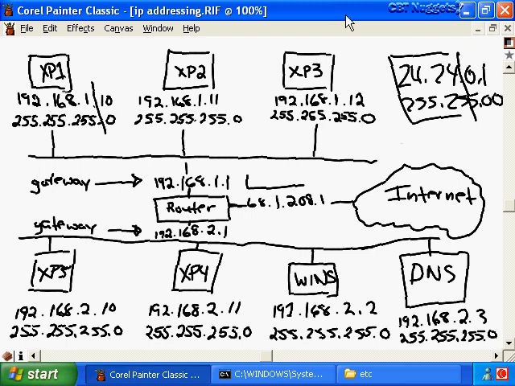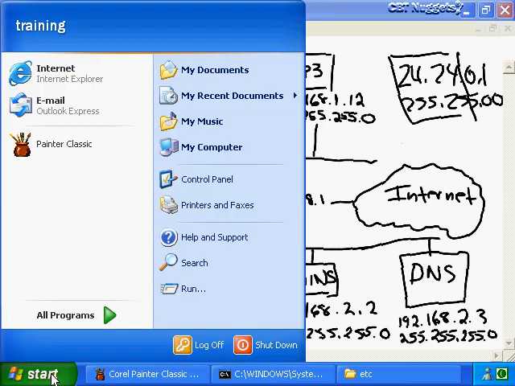Windows 2000 and Windows XP computers will only dynamically register their host names with DNS if two things are set up. Number one, DNS is configured to accept dynamic updates, and number two, Windows XP is configured to register its address dynamically. Let me show you how you do that. To view that information, we have to go to our network properties, and we access those properties by clicking on Start.